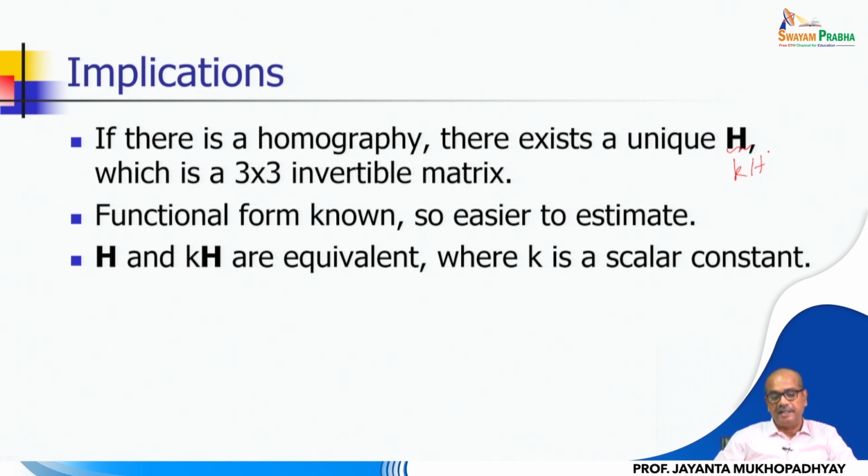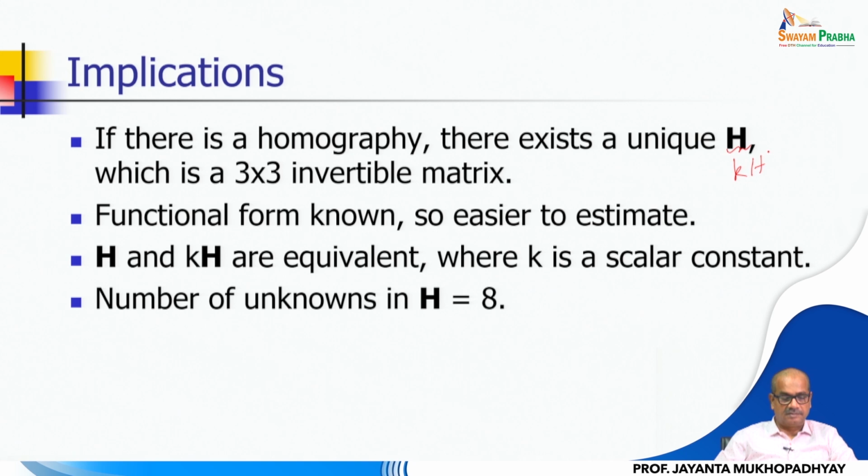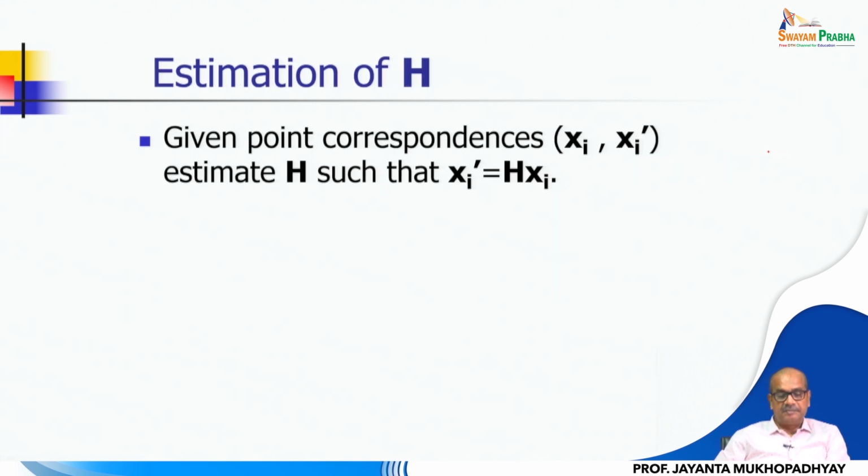I mentioned already that H and KH are equivalent, and K is a scalar constant. So in this case, the number of unknowns in H is 8. And so if I consider a problem where I give you a set of point correspondences, remember this configuration once again.